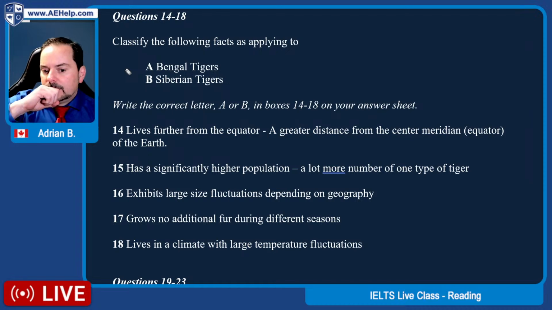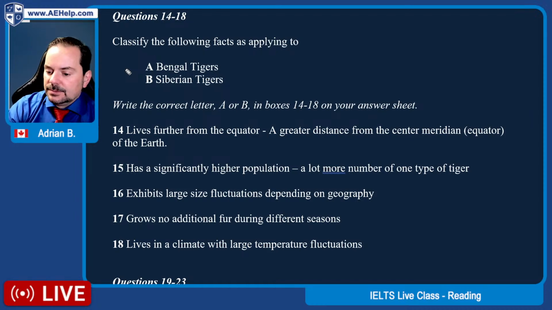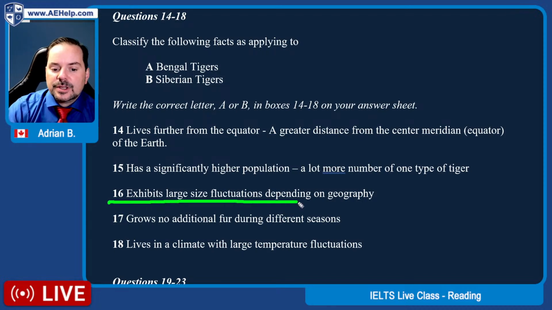So how much is it bigger depending on where it lives? Okay, careful with the question, everybody. This doesn't say it is much larger than the other one. It says exhibits size fluctuations depending, this is an important word here, on geography.